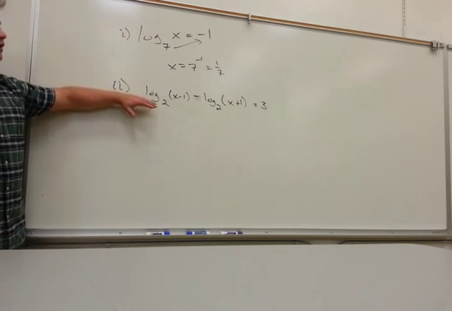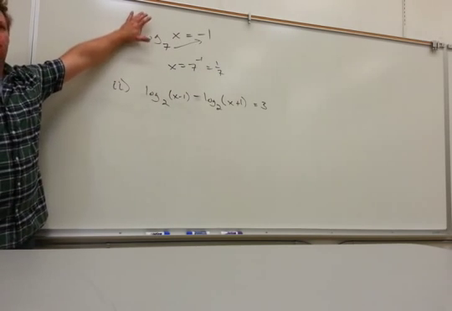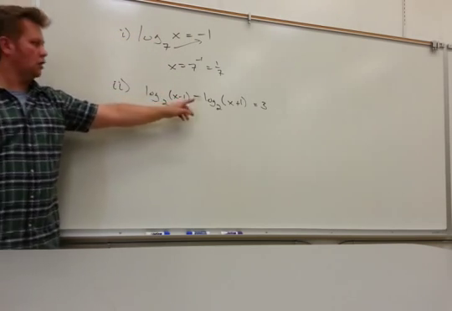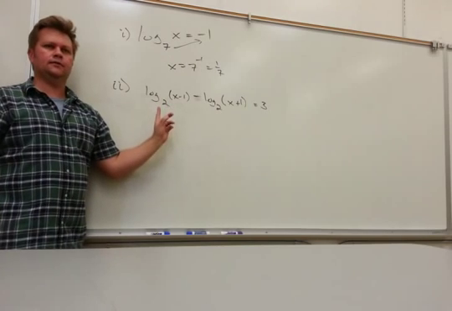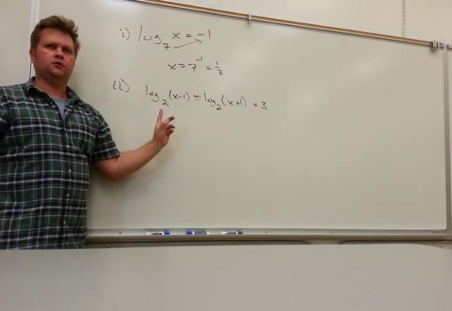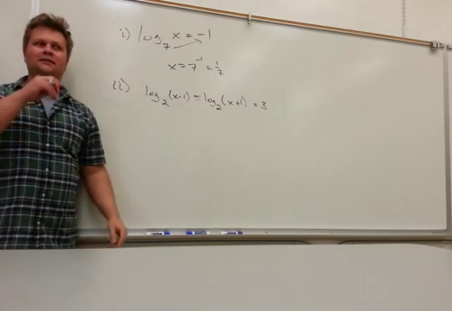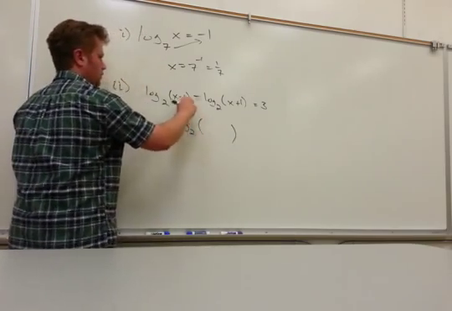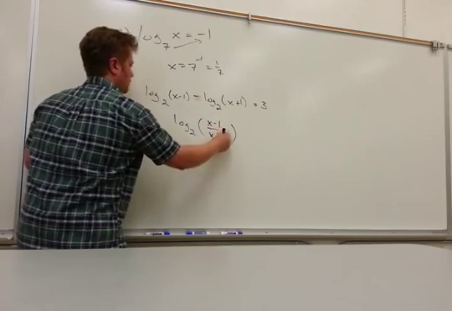I can do one step and I get something that mimics this format. It's one step away from that because I know what the difference of two logs is. Combine it. What's x minus 1 over? Yeah, it's the log of the quotient. So it would be x minus 1 over x plus 1.